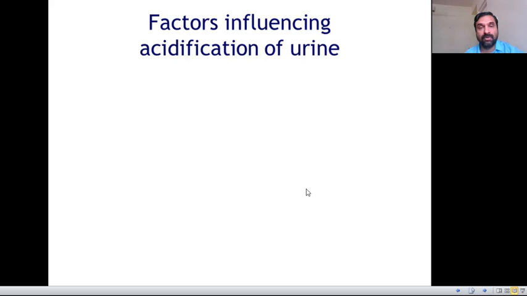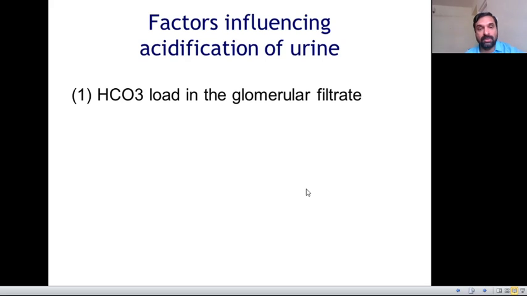Now, factors influencing acidification of urine. It depends upon the bicarbonate load in our glomerular filtrate. If bicarbonate load is more, more bicarbonate is reabsorbed. The kidney tries to reabsorb more bicarbonate, and it is associated with acidification of urine.